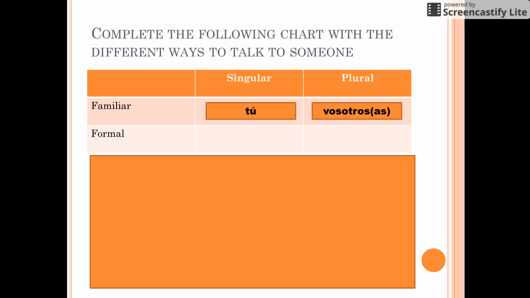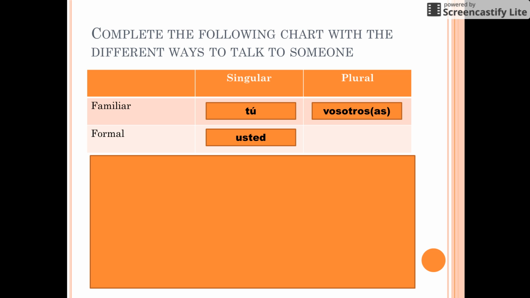Now, let's go the formal route. If I wanted to say you and I was talking to somebody I would address with a title like Mr. or Mrs. or Doctor, how would I say you? Usted. What if I was talking to several people? Now, here's a little bit tricky because in Spain, they use this for only a formal situation.